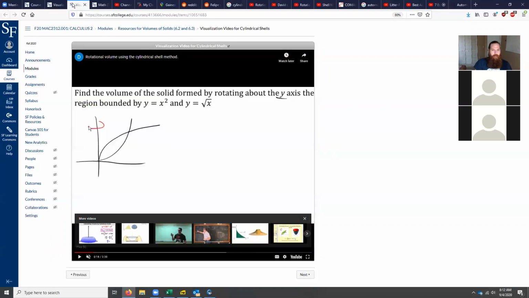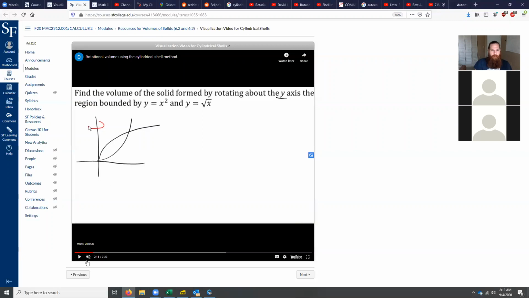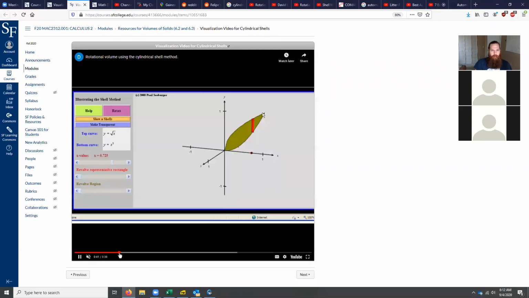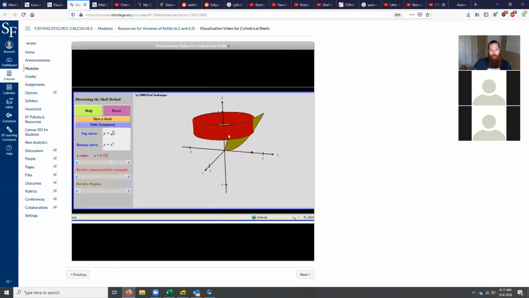He has one of these for the cylindrical shells method also. So here the strip is parallel to the axis of rotation because he's going to rotate about the y-axis. And you see rotating just the one strip gives you this cylindrical shell. Cool stuff.